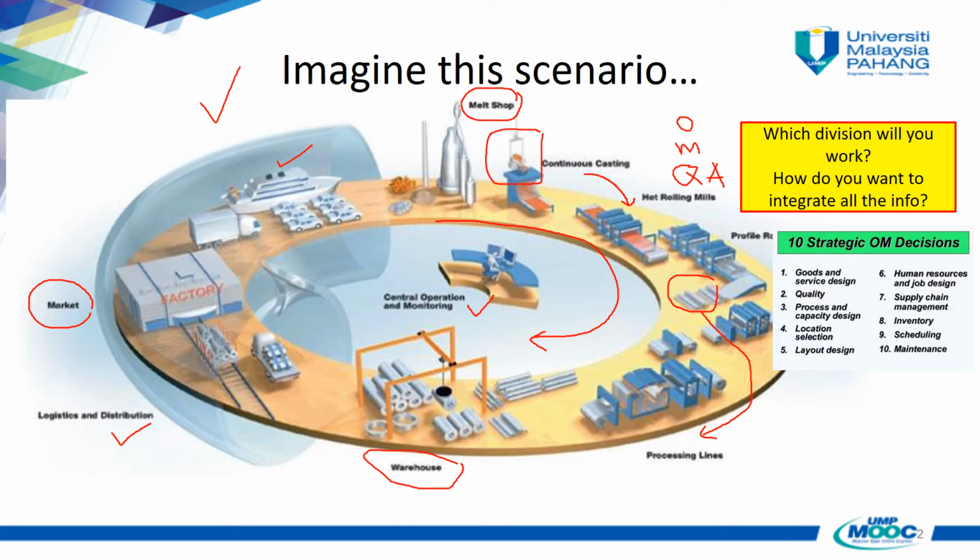You need to make a decision on first, goods and service design. This is number one, where your goods will arrive at your store, and from here you need to utilize all of your goods until the market, finishing here.